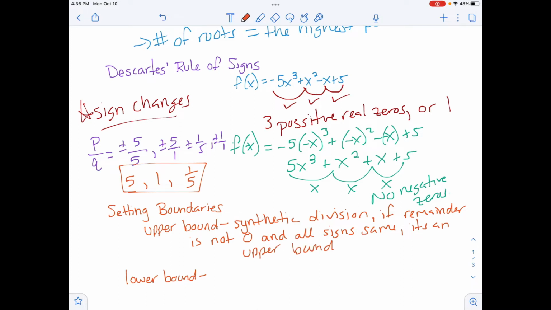For the lower bound, it's very similar, except we're going to do synthetic division.